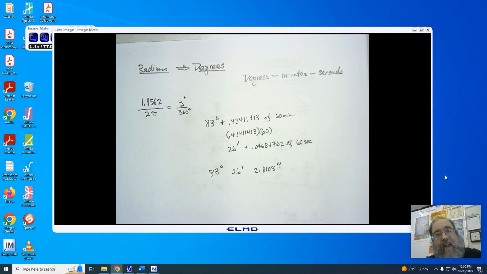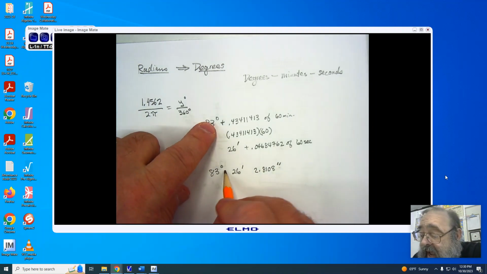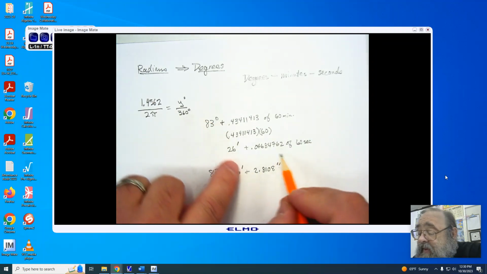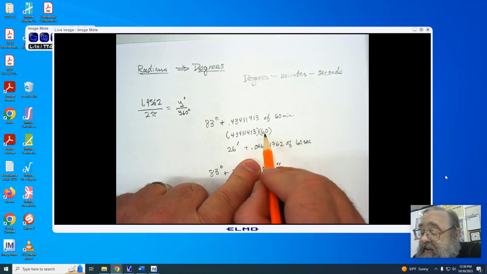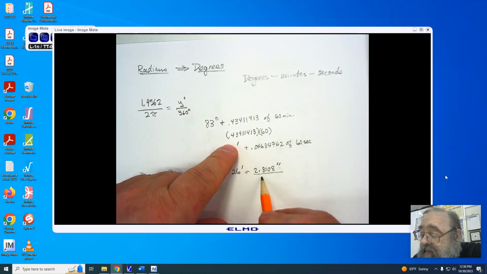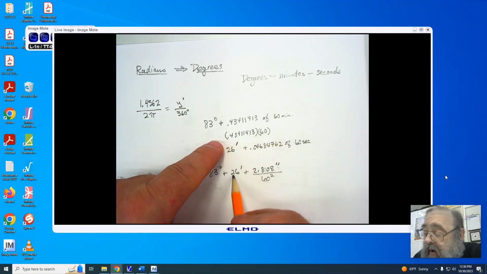Now, how would I convert backward? Well, I have to remind myself that going forward I multiplied by 60 twice, so now I have to divide by 60 squared for the seconds, and the minutes I divided by 60 once.